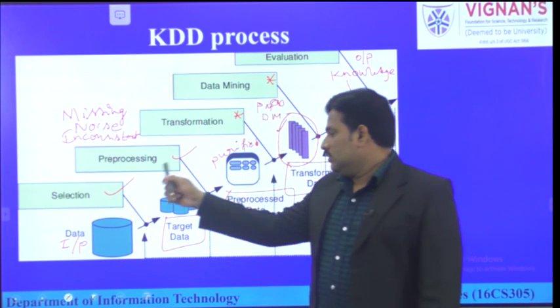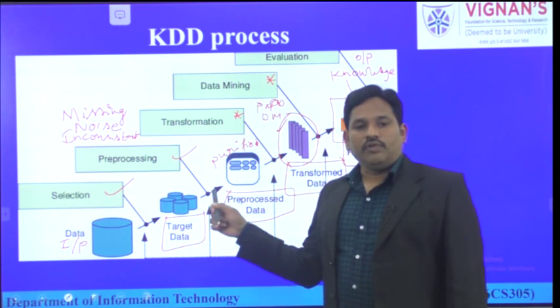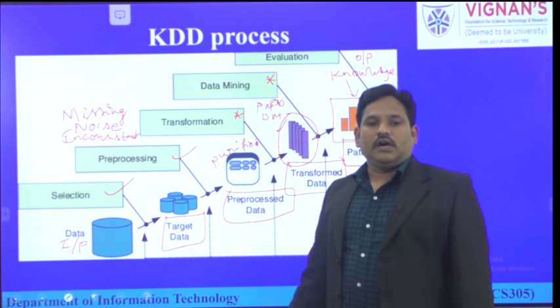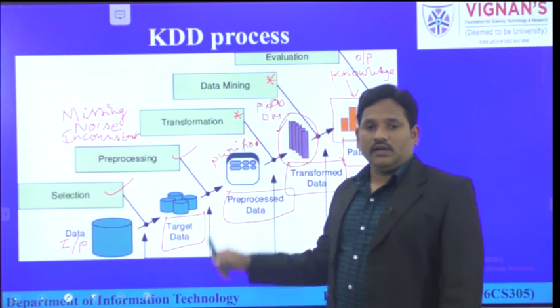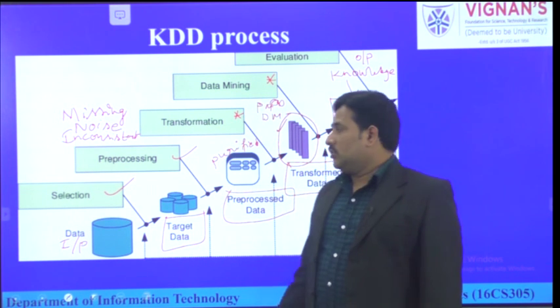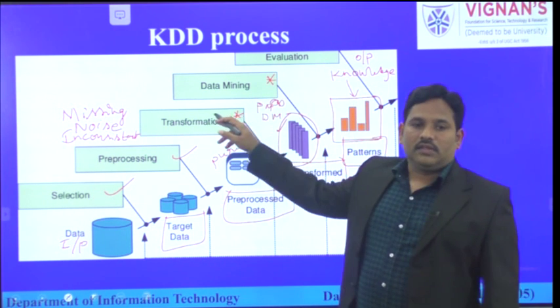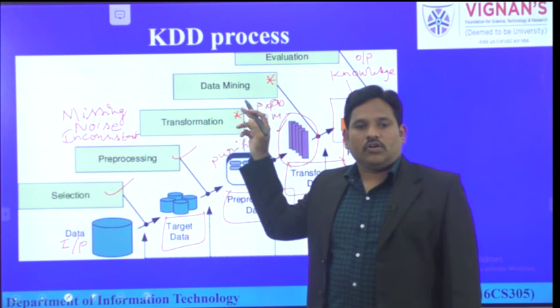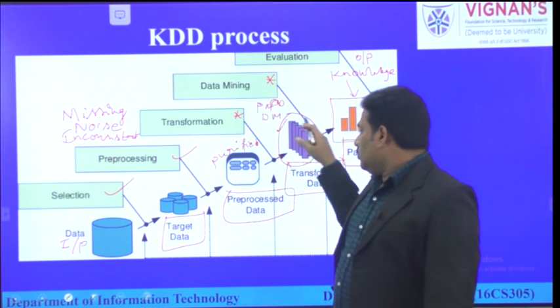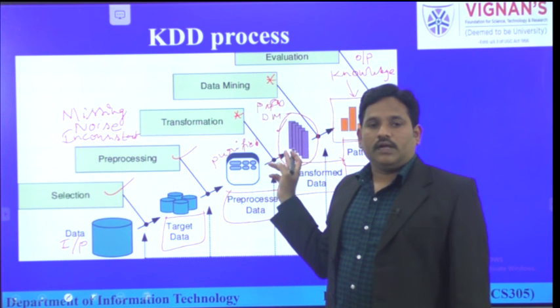So initially we applied data selection and we formed target data. On target data we applied some data pre-processing techniques and we created purified data in the form of pre-processed data. On the pre-processed data, the required data transformation and normalization techniques have been applied and we formed transformed data.